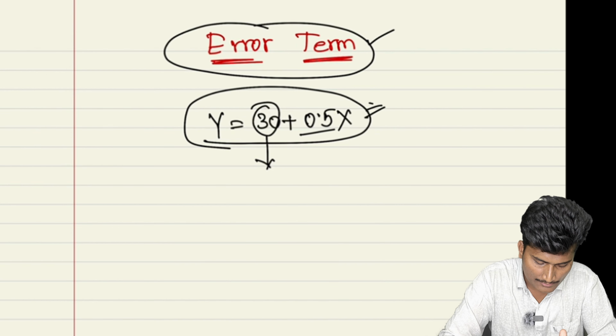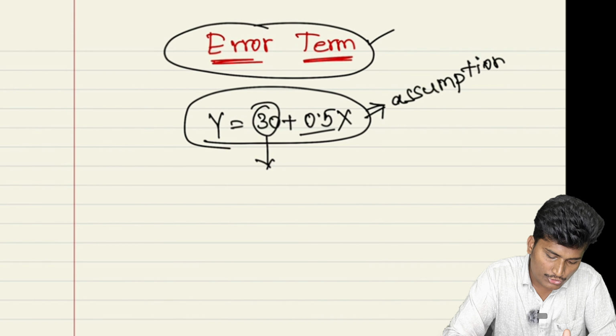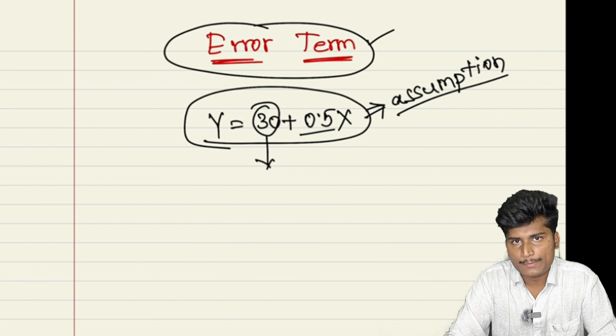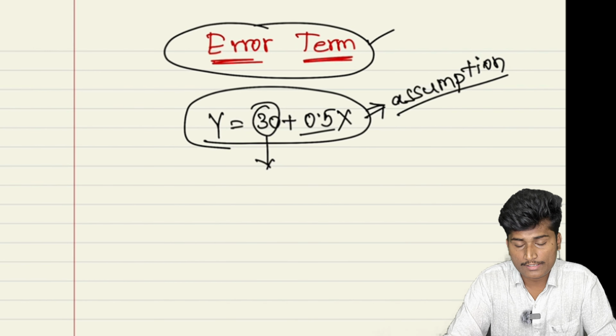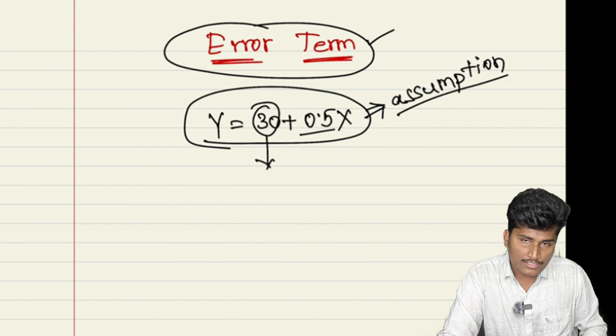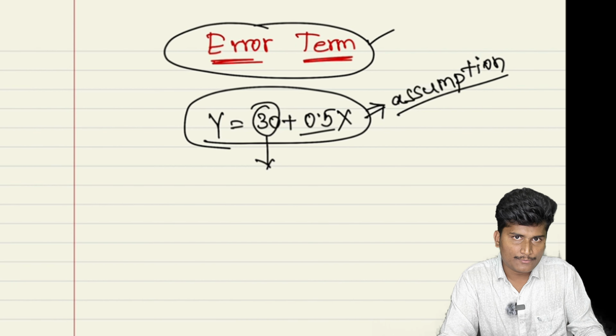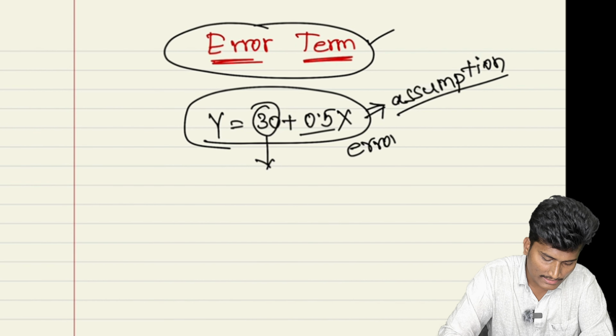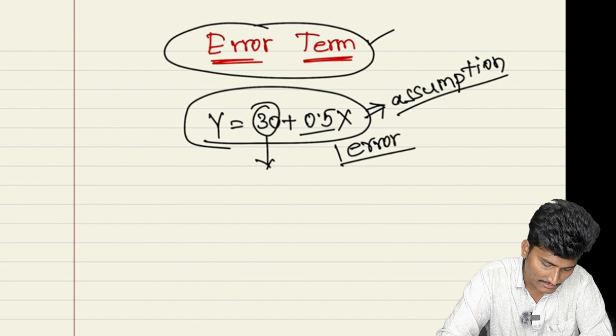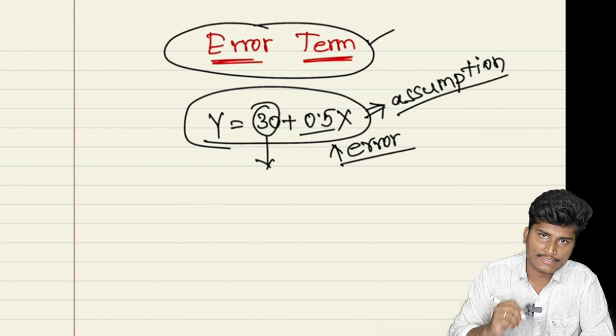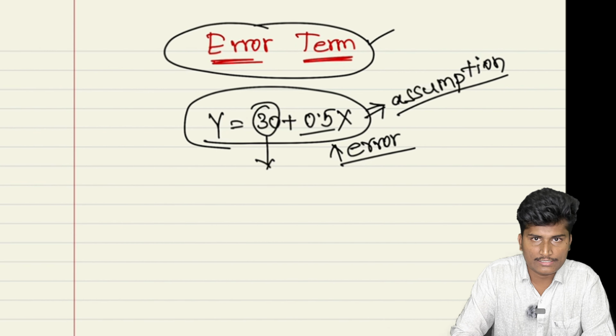So these are my assumptions. What I assumed and what actually happened may be different. They both may not be the same. Because of these differences between my assumptions and what actually happens, we can say that there is an error in this equation. To account for that error, we will include an error term.